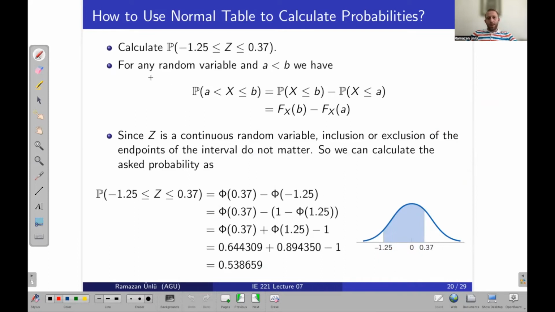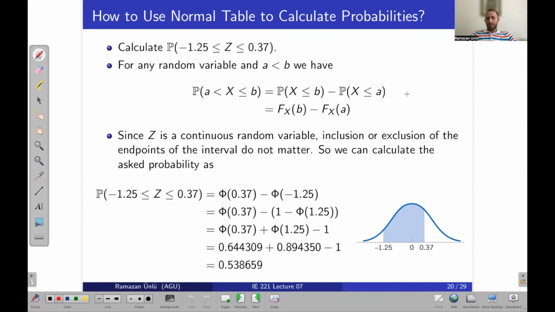For any random variable, with a less than b, the probability of x being greater than a and less than or equal to b is equal to the probability of x less than or equal to b minus the probability of x less than or equal to a. That means the CDF of b minus the CDF of a.